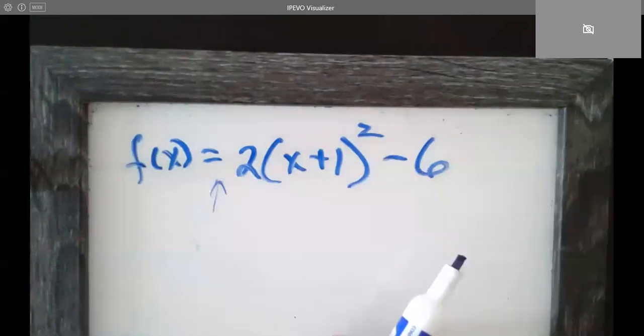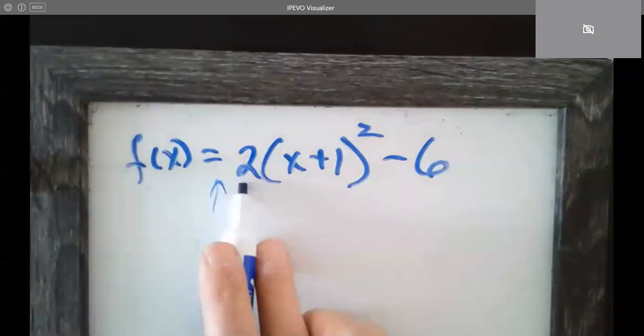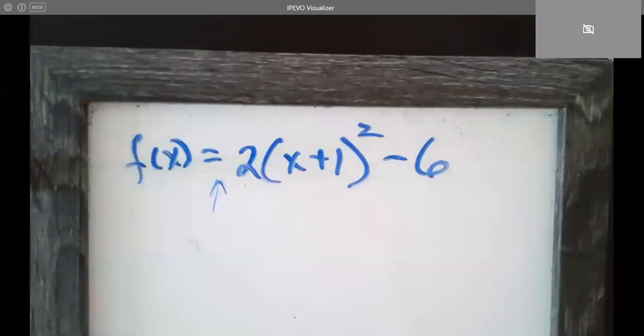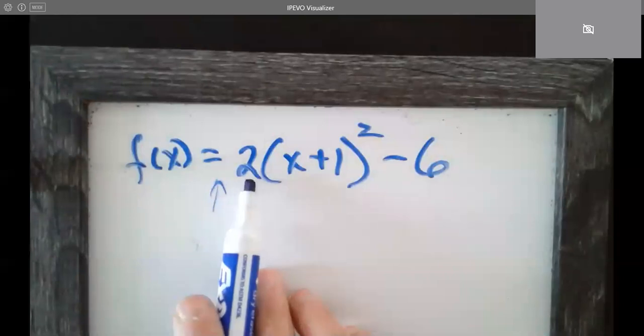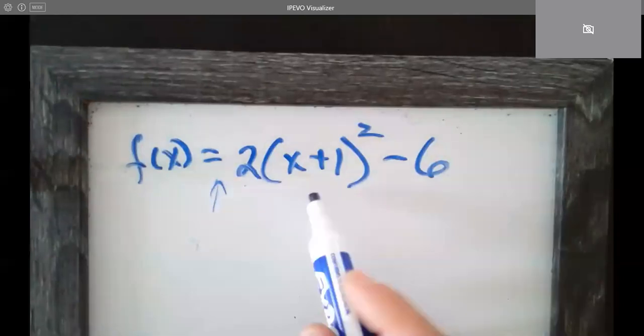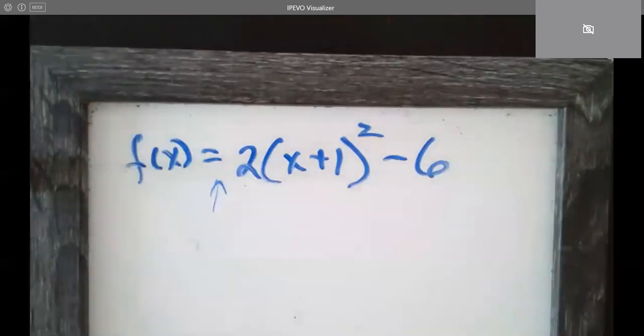And is that positive or negative? Positive. Now the 2 is going to make it stretch by a factor of 2, but you're really not going to be able to tell by looking at the graph. So we don't even mention that, but that's what this 2 does. It stretches it. We get more into stretching or compression when it's just by itself.